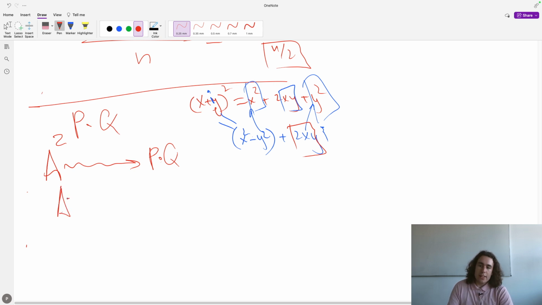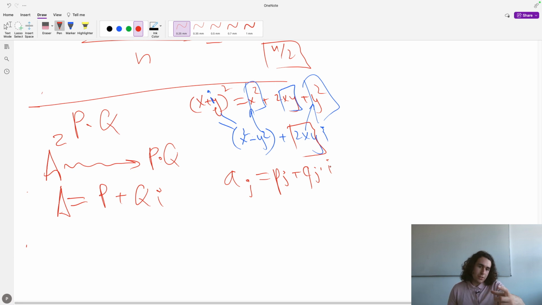So I'm going to define the polynomial A to be P plus Qi, which is just that every coefficient of A is Pj plus Qj times i. Here you should be careful because the sizes of P and Q are not necessarily n, so you need to put 0 there if this doesn't exist.